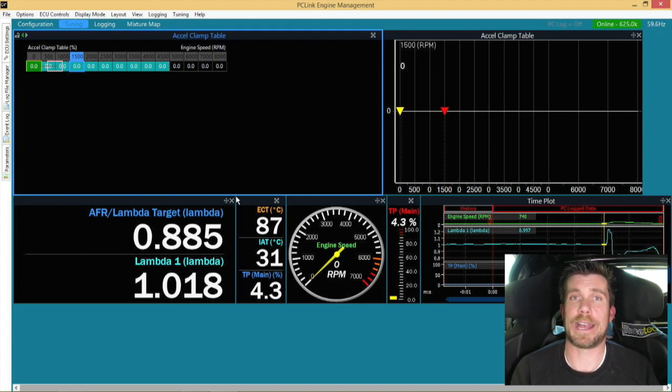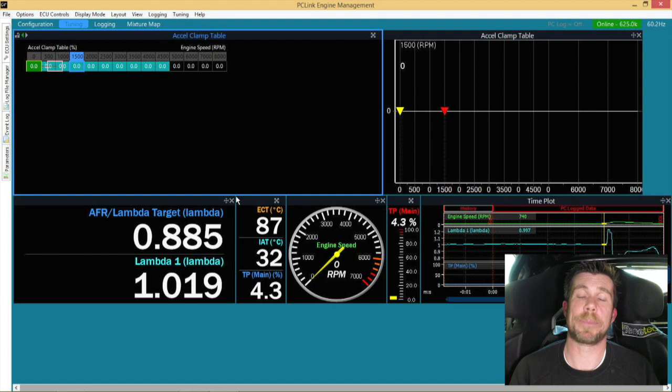If someone brought me a car and said, look how good a job I've done of the acceleration enrichment tuning, and I drove the car and the lambda tracked perfectly between one target and the next, but the car hesitated or jerked or wasn't responsive to my foot, that's what I care about. I don't really care about a number on a screen. So that's really important to understand.